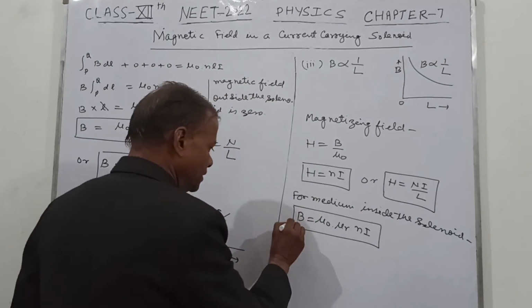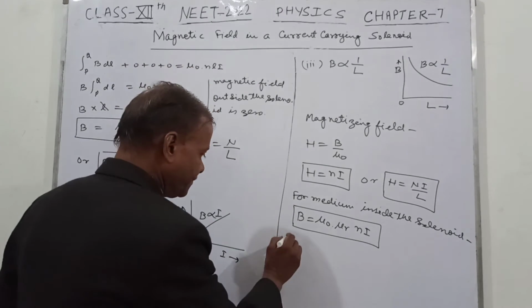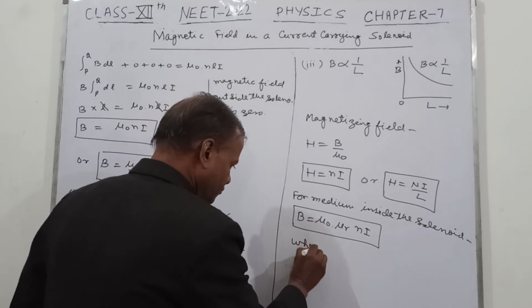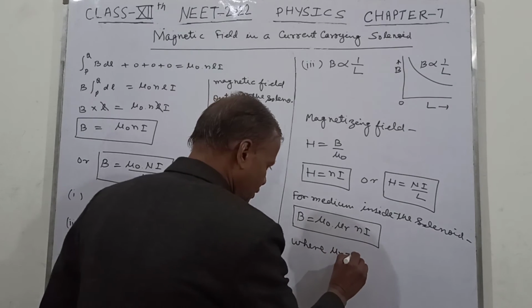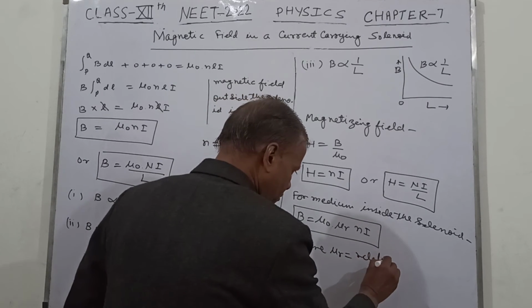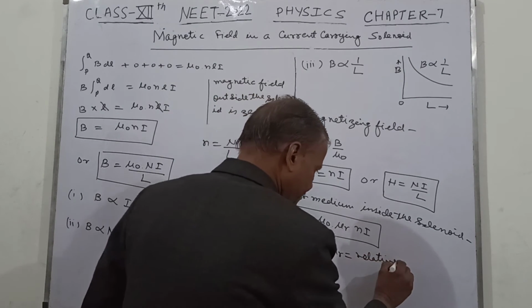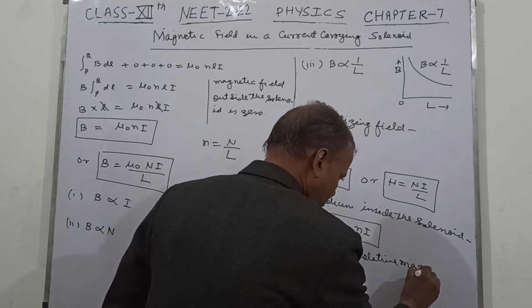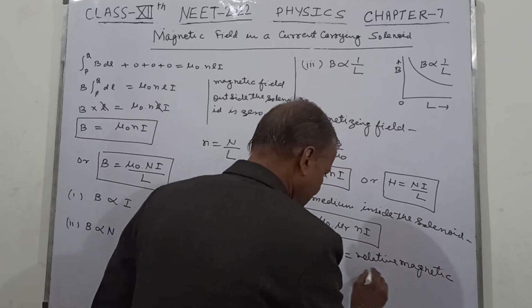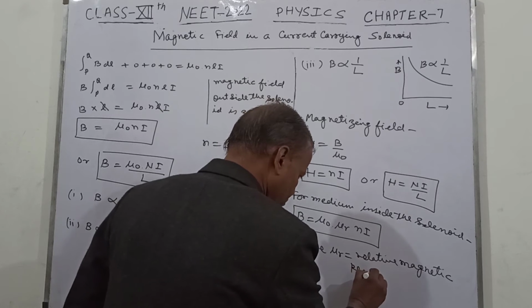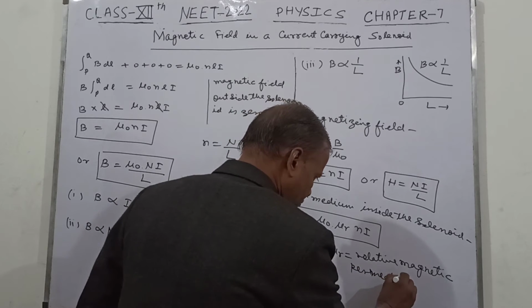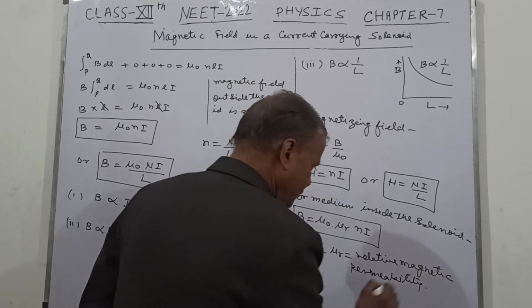Mu r, the relative magnetic permeability, where mu r is the relative magnetic permeability.